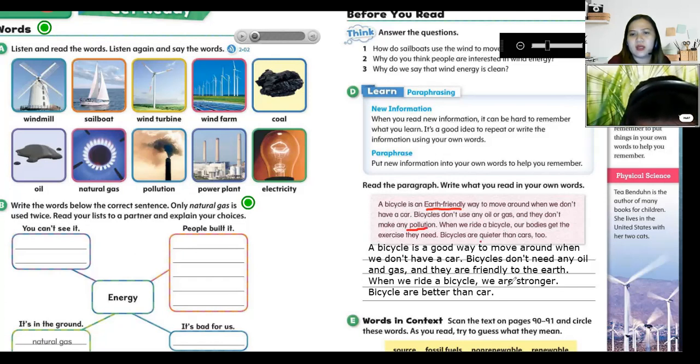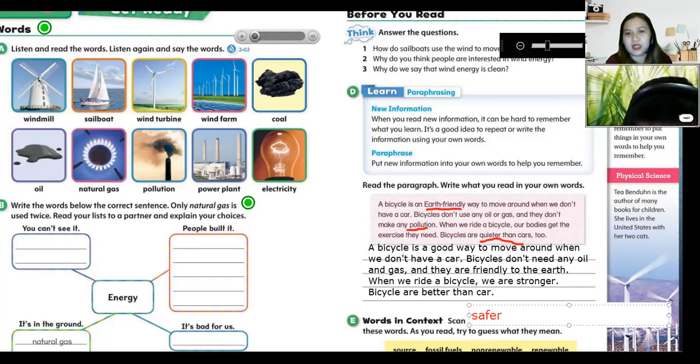So instead of writing friendly to the earth, you can say it's safer. Okay, so bicycles don't need any oil and gas, and they are safer in our environment. Okay, you can say that one.